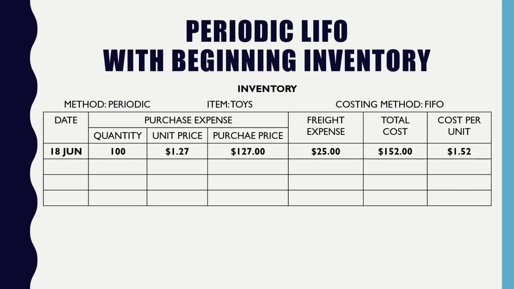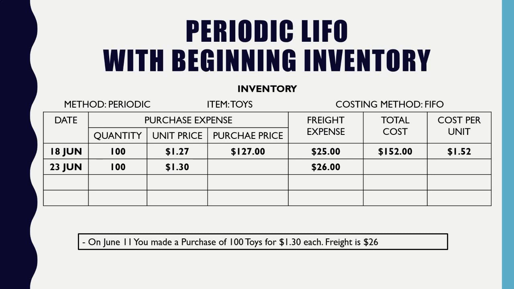Once again, plug in that second batch of inventory, the 100 items at $1.30, giving you 130, plus your freight of 26 to give you 156. Plug in that number to solve for the cost per item, which gives you $1.56 each.